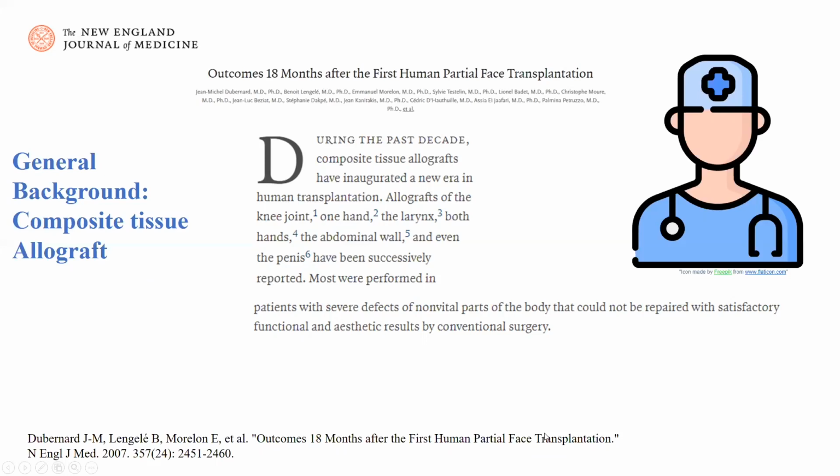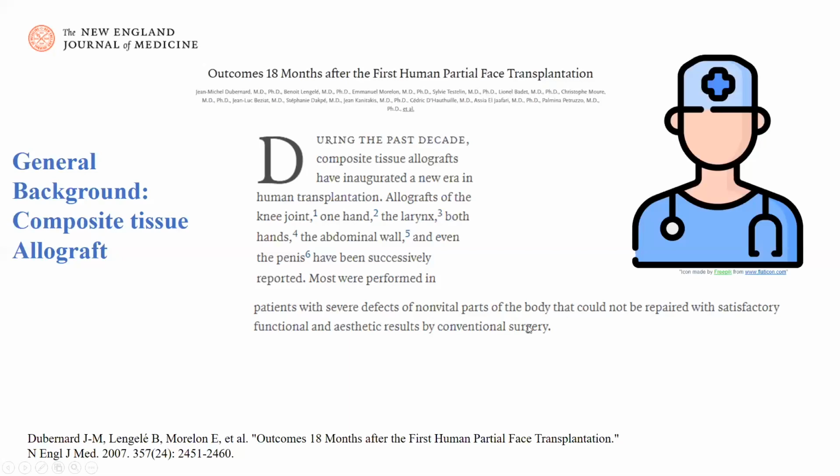Again, the authors started with the general background about composite tissue transplant grafts. If we read together, you can see that they mentioned how in the past decade there has been an increase in transplantation. Several organs have been reported, and why the need for composite tissue transplantation, which is the severe defects that cannot be repaired with functional outcomes by conventional surgery.